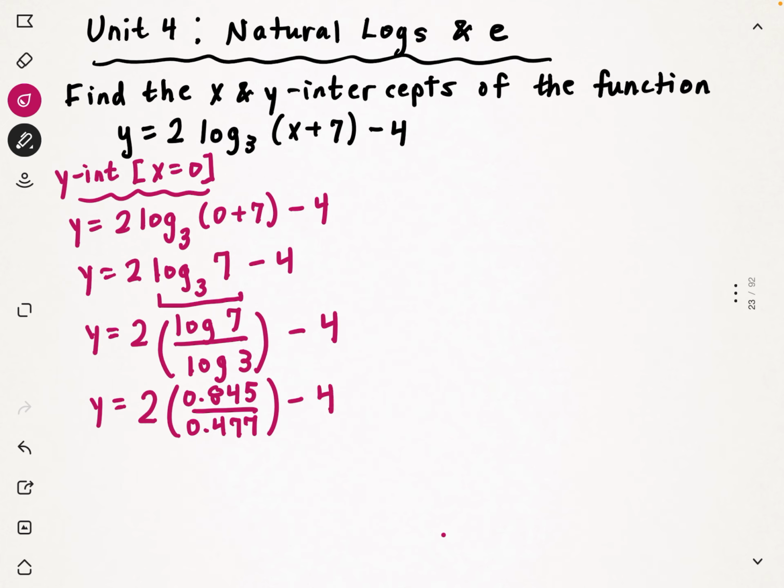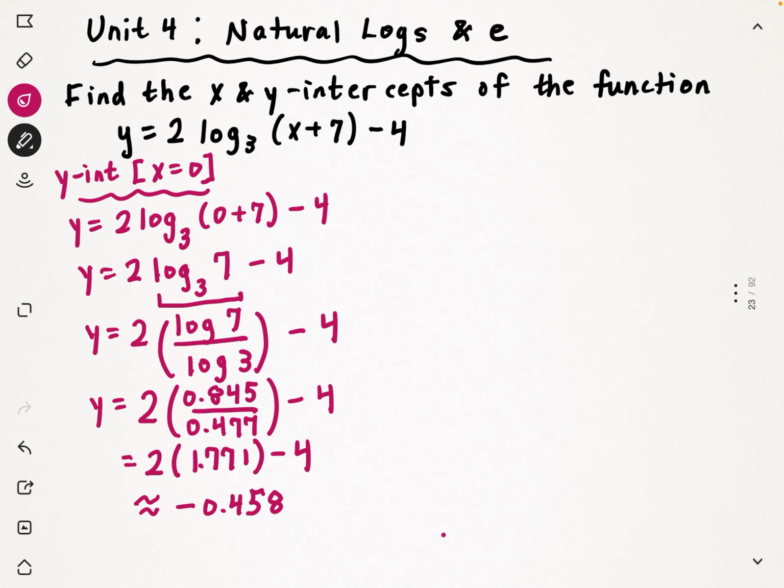Then when you do the calculations here, you would do the division first. Most of you could just do log 7 divided by log 3 in your calculator at once and get 2 times 1.771 minus 4. When you multiply by 2 and subtract 4, you're going to get approximately 0.458.